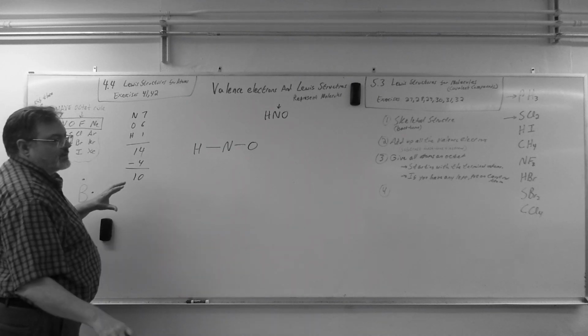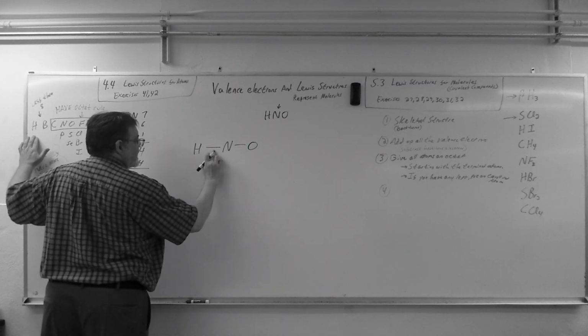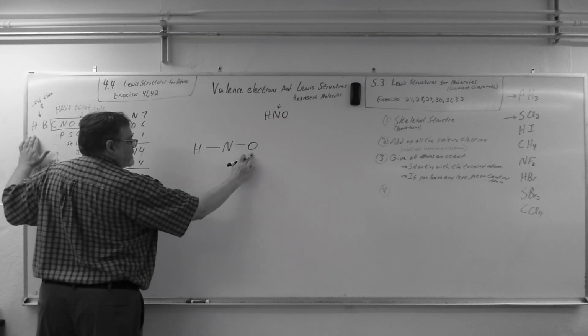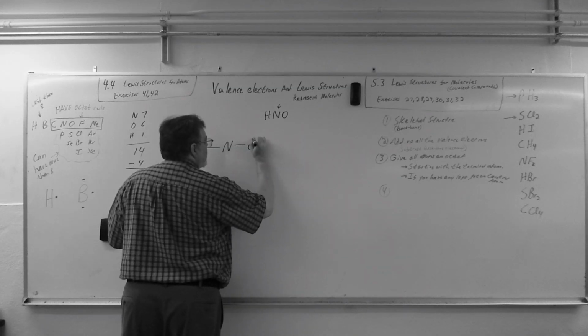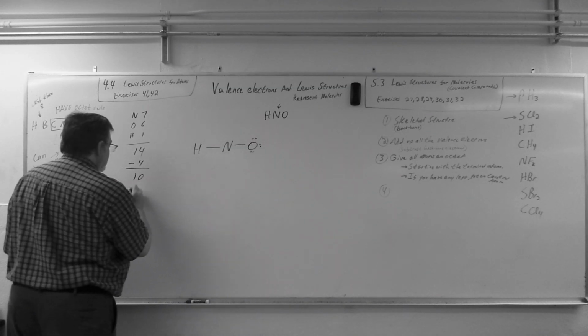Now we start on the outside and we start making octets. Hydrogen never gets an octet, it only ever needs a pair. To do the octet for oxygen, we'll go 1, 2, 3 pairs, that's 6.